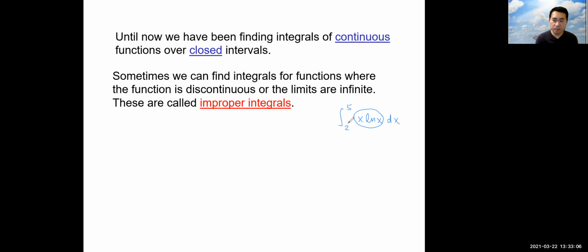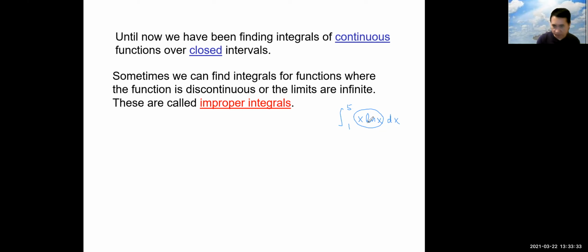But then you might end up with an integral that is not proper. In this case, I'm trying to show you, instead of from 2 to 5, we're going from 1 to 5. Now there's a big problem here.